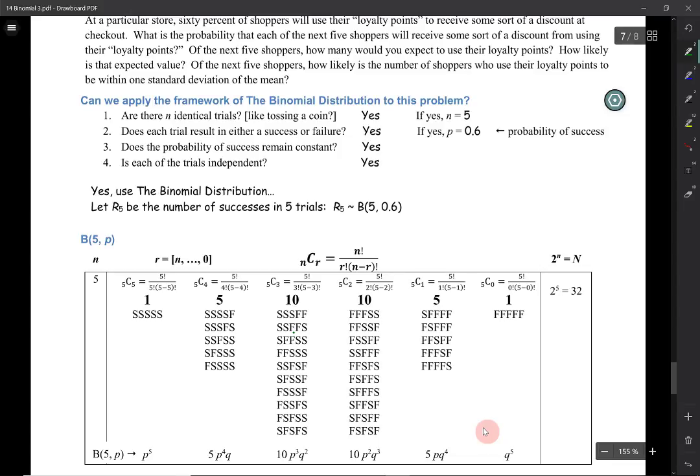Okay, and this is just plotting the CDF, the cumulative distribution function. This is what it looks like. You can see that if the probability of success is a 0.1 rate, it's really low to have many successes out of 5.